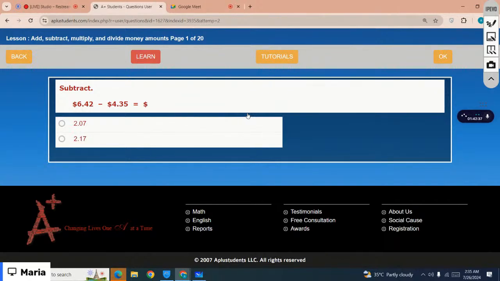The correct option is option number... Just subtract, right? So option number 1 is the correct option. That is 2.07. Very good.